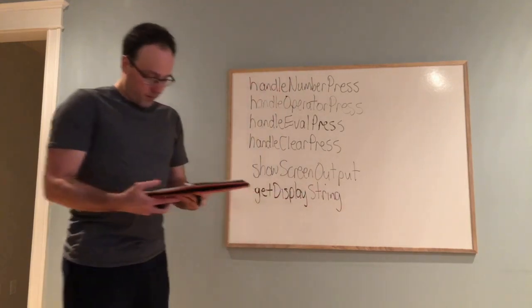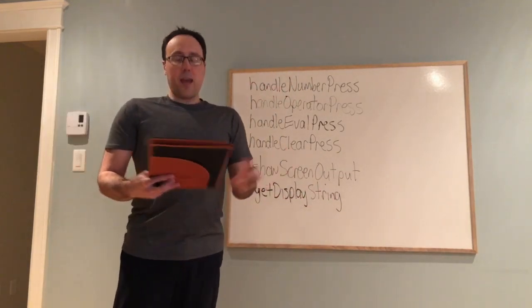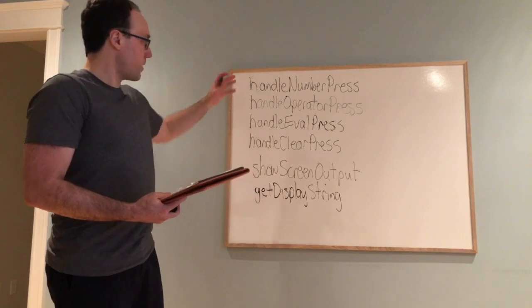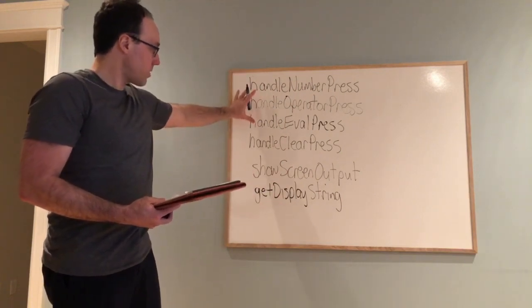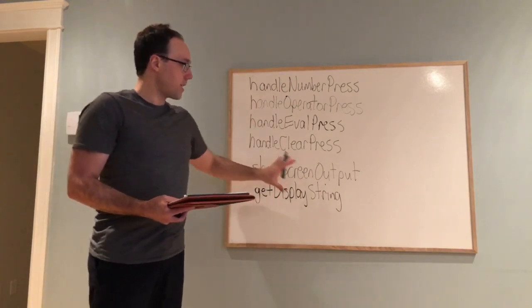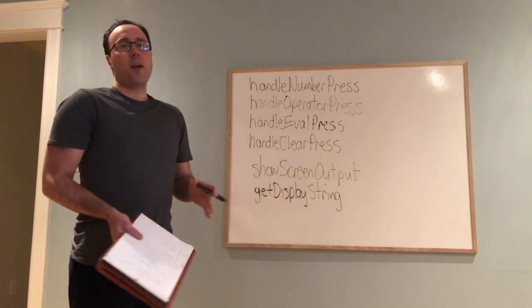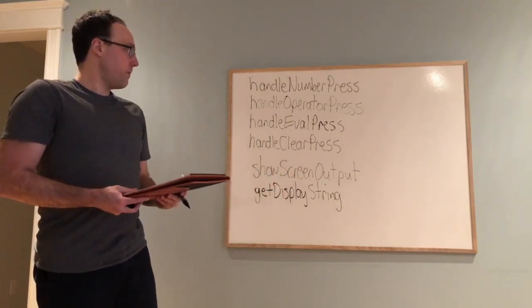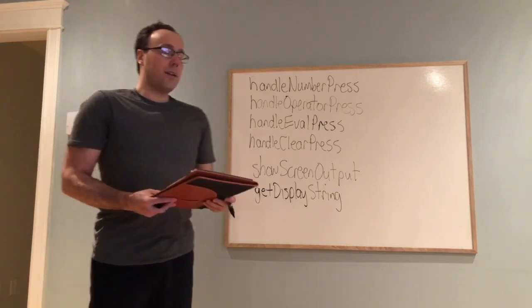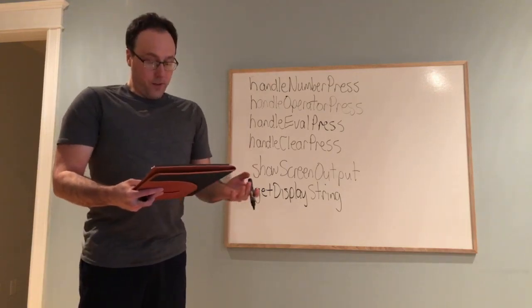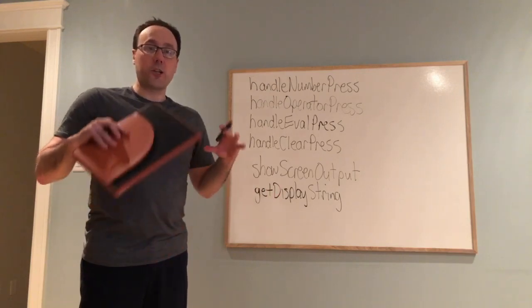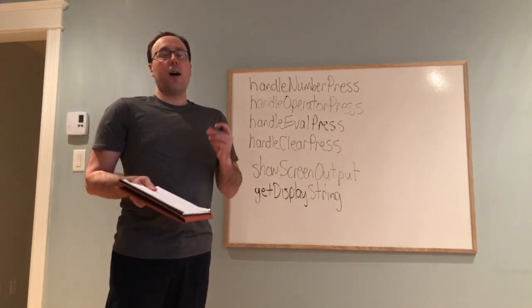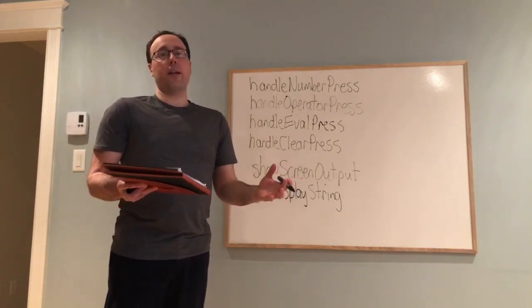Okay. So we've pretty much gone through our input handlers and our display functions. So really the only thing that we still need is our calculation, the functions that are actually going to do the work of handling the calculation.